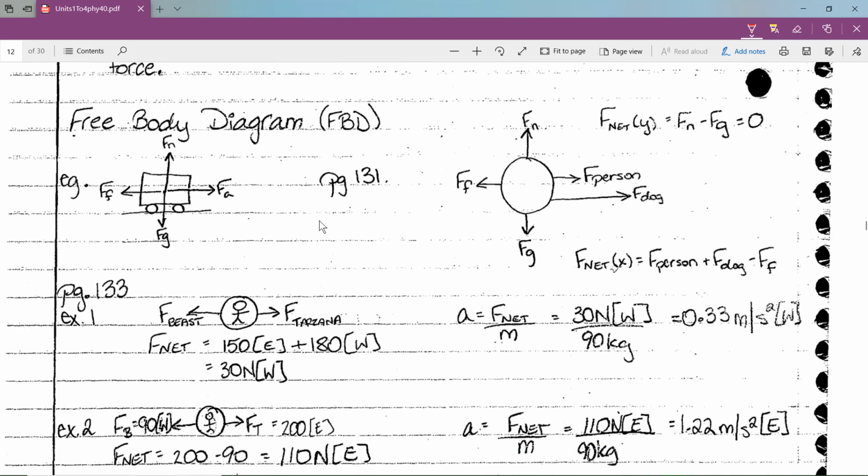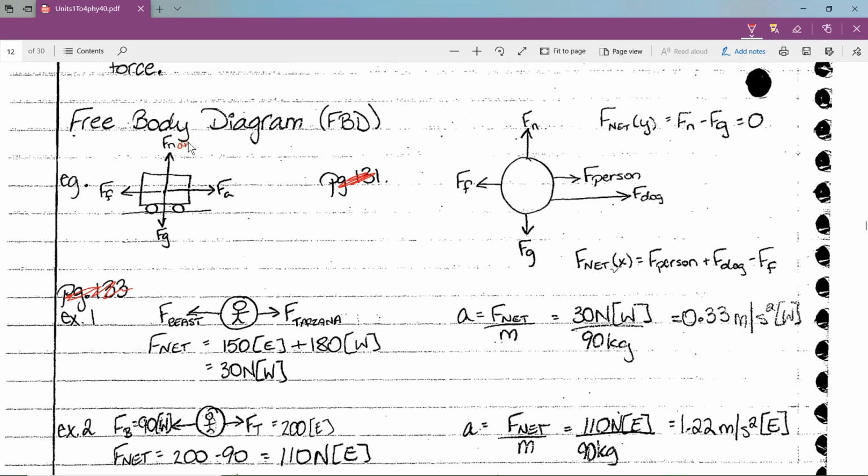And to help with that, we have something that you should remember from your Physics 30 class, which is the free body diagram. FBD is the shorthand symbol for free body diagram. We could have a cart here, and it's just sitting, and the force of gravity is downwards.